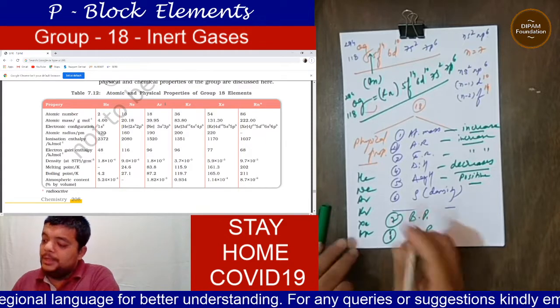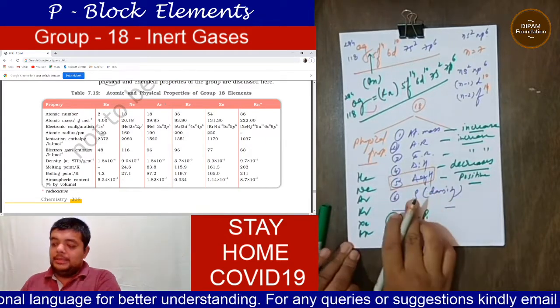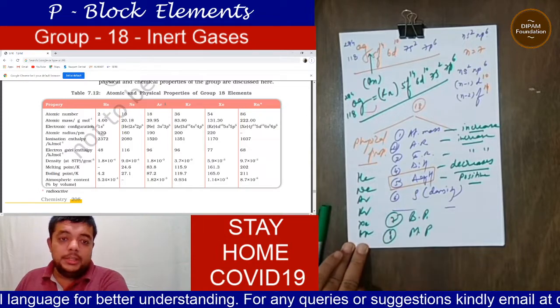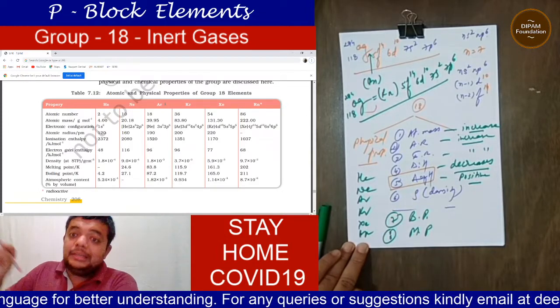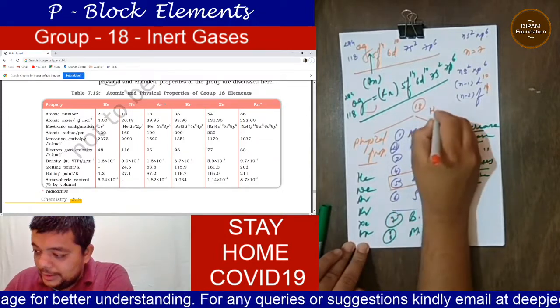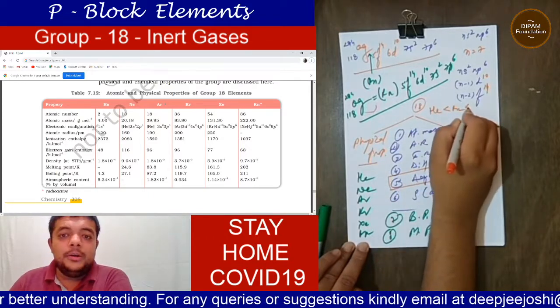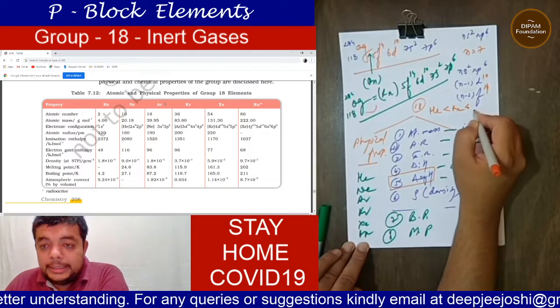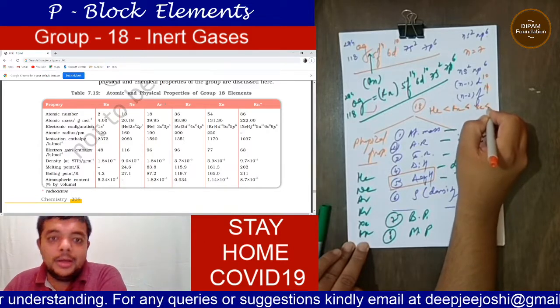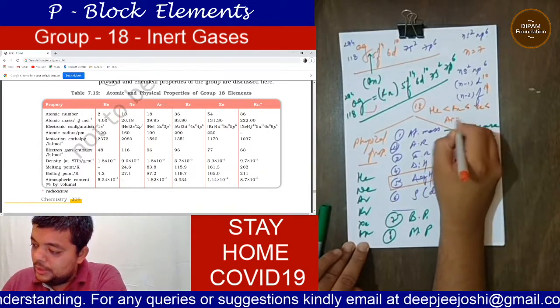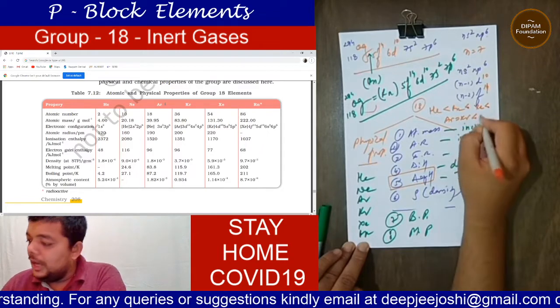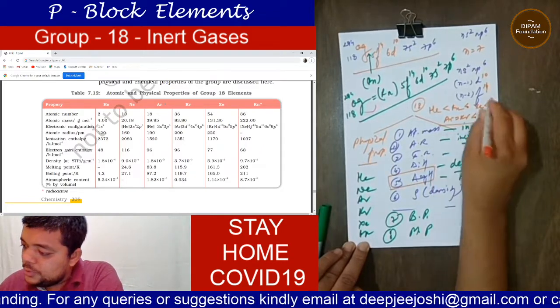And over here, keeping this concept of electron gain enthalpy to be always positive, the order of increasing value of positiveness is helium is the least, followed by radon, then after it comes xenon. After xenon, it comes argon and krypton. And after argon and krypton, it comes neon.